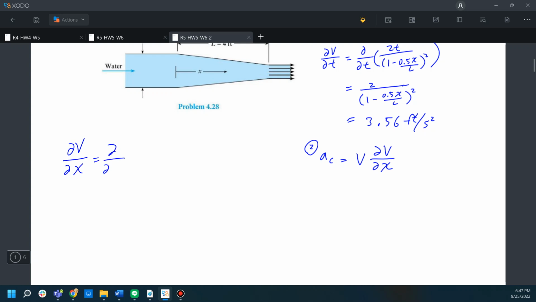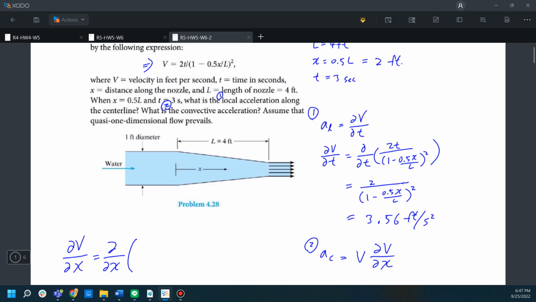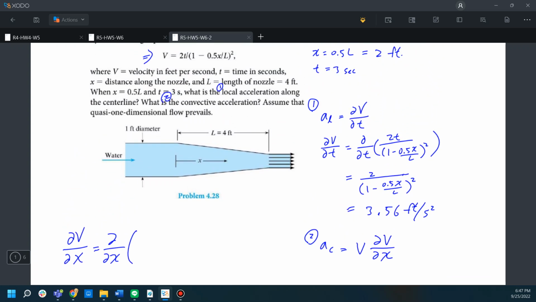Again, I will copy the equation down here, but I just rewrite the equation a little bit. I put this bracket, these parentheses, from the denominator into the numerator.